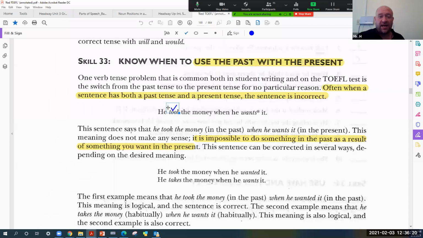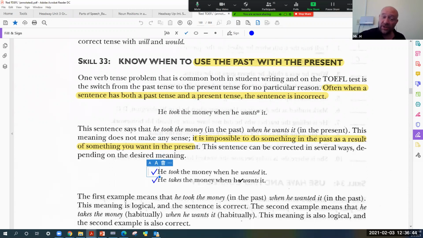Ah, so let's do that. Hussein, you want to change the first one? He takes the money when he wants it. So Suhaib said this one: He took the money when he wanted it. And Hussein said it this way: He takes the money when he wants it.